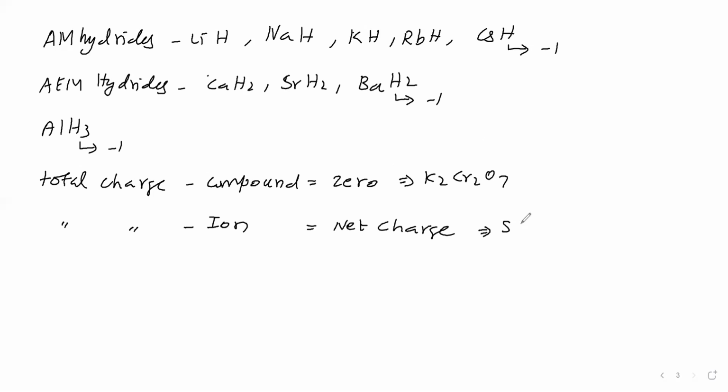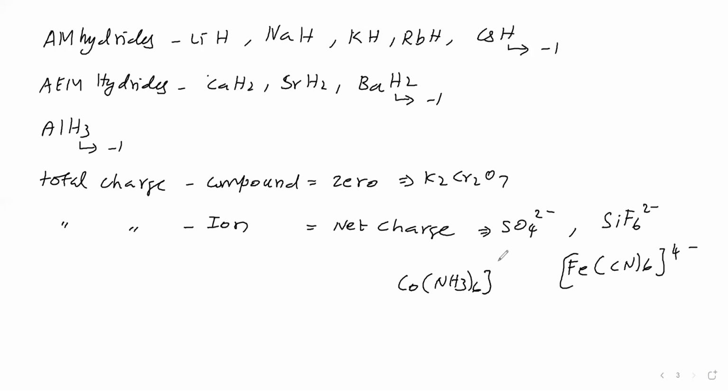We will take here sulfate. Here net charge is how much? Means 2 minus. Here we will take SiF6 2 minus. Here net charge is 2 minus. Now I will take Fe(CN)6 4 minus. Net charge is 4 minus for this. We will take like this, Co(NH3)6 3 plus.